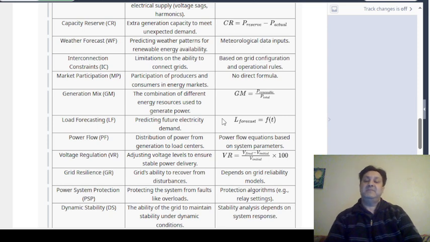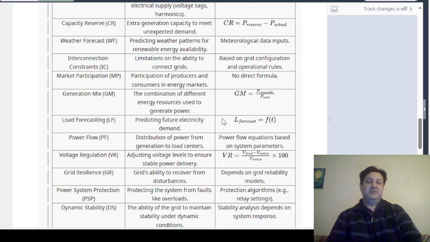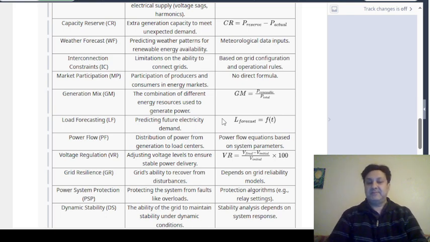Then the generation mix is important: the combination of different energy resources used to generate power, as I said before, renewable and non-renewable. So how to mix them, which generator will be producing more or less, and at what time, different time zones, different schedules, and availability of the energy resources.